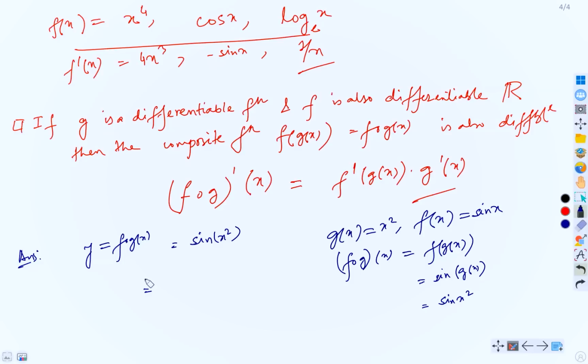If you are already aware of this formula, the composite function theorem formula, which is also known as chain rule, and have done some problems, then I hope it would not be difficult for you to understand how to obtain the answer directly from this formula.